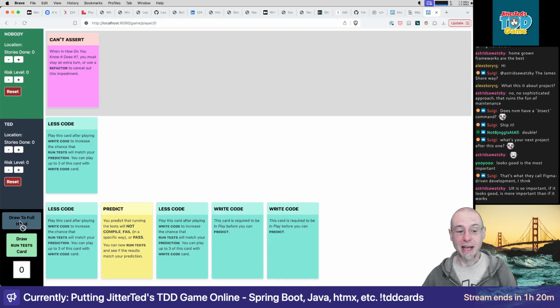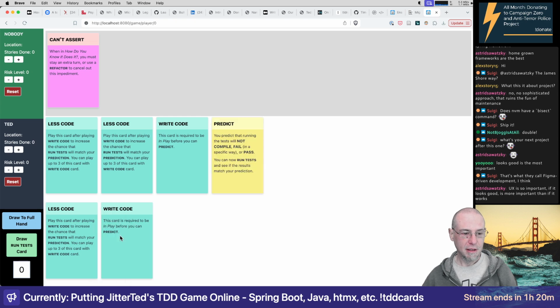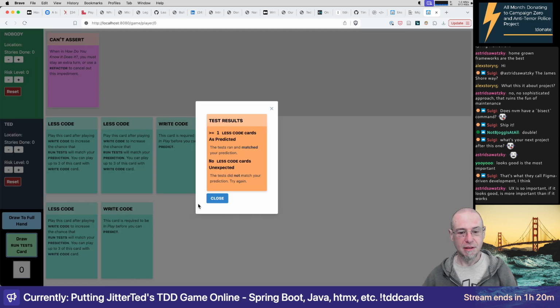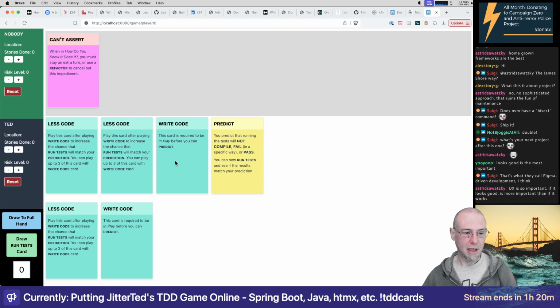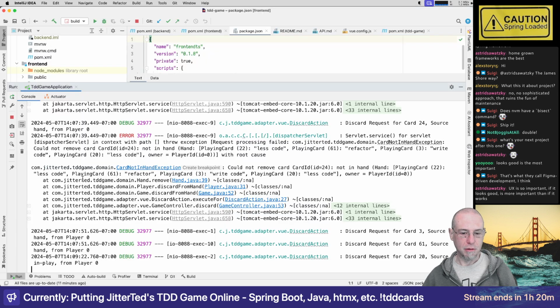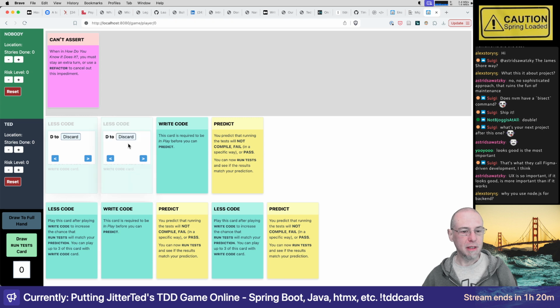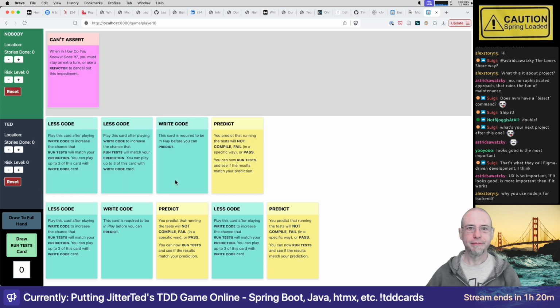And we can draw our hand back up to full. So now we got new cards. We can play this card, and then I can play this card, and then I can play this card, and then I can draw my run tests. So that passes. And so now I draw my hand to full, but it won't let me discard those. I might have been in the middle of a feature. Who the heck knows?